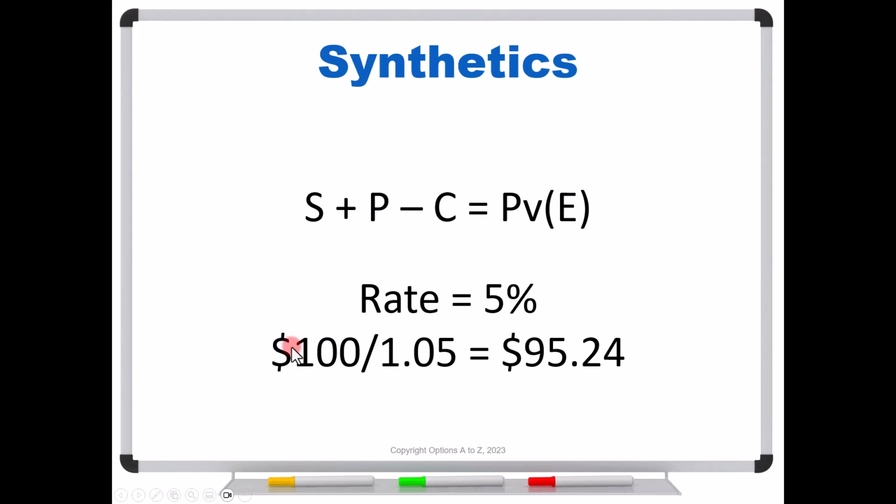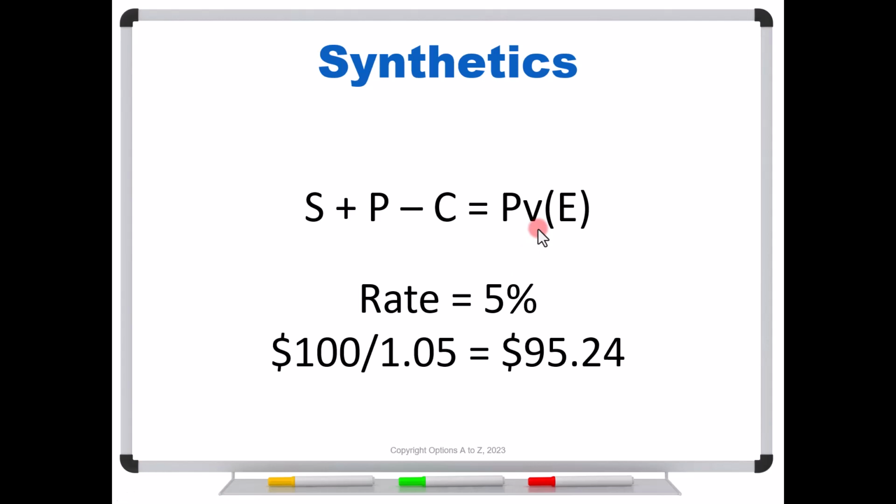So we take 100 divided by 1 plus the interest rate, 1.05, and that gives us 95.24. What this means is that if you deposited $95.24 into a bank paying 5% interest, in 1 year you would have exactly 100 bucks, enough to pay for the exercise price.